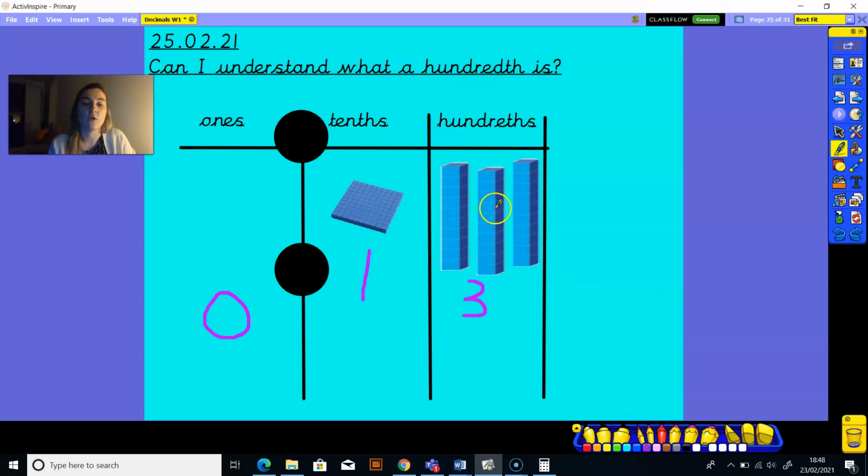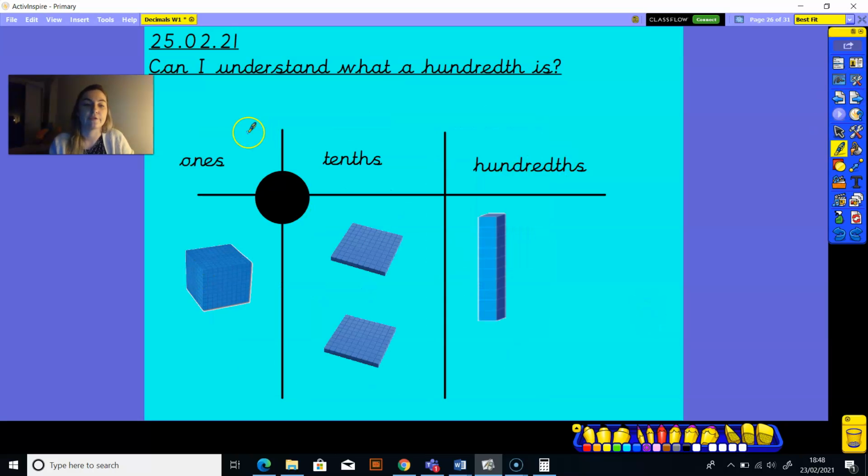Okay, and we have only got 3 hundredths, which is 3 parts of a tenth. We have got 0.13 here, my mistake, 0.13. Okay, so let's have a look and see what else we have.